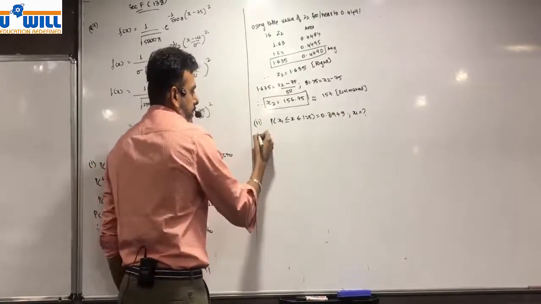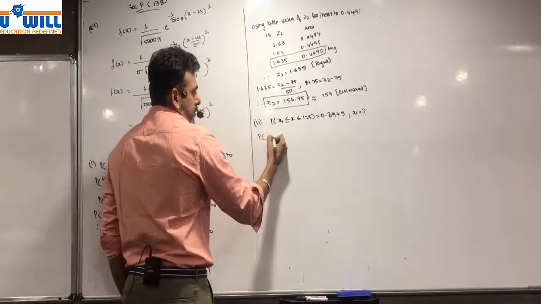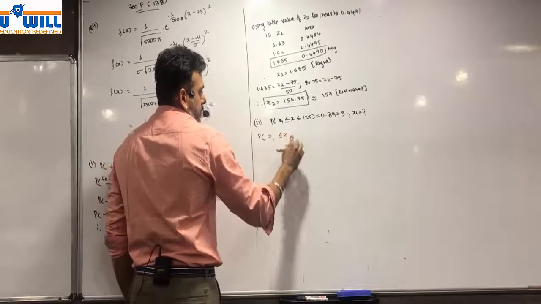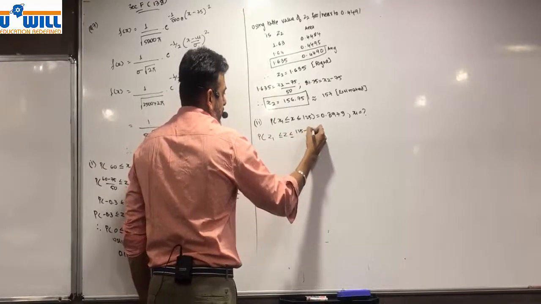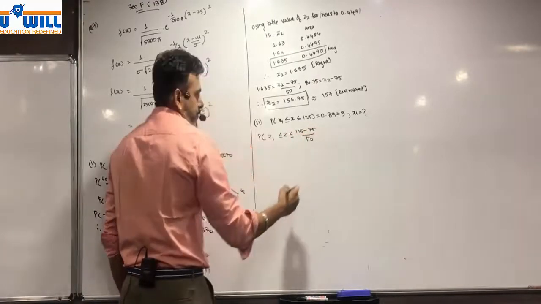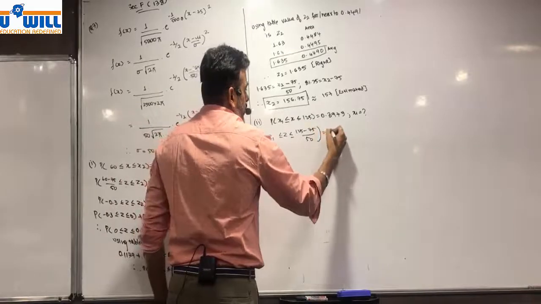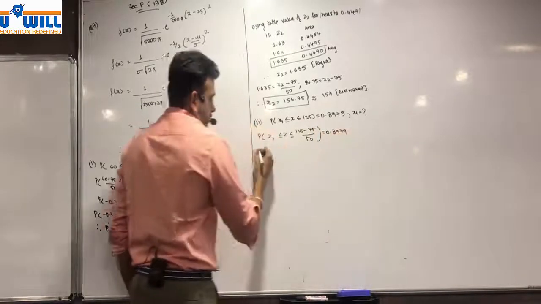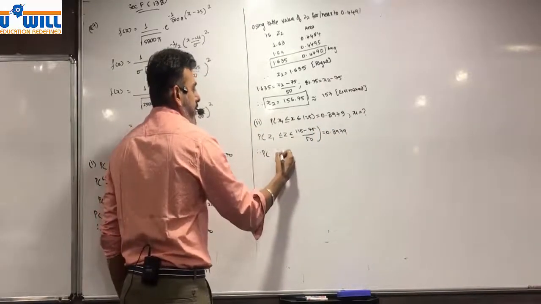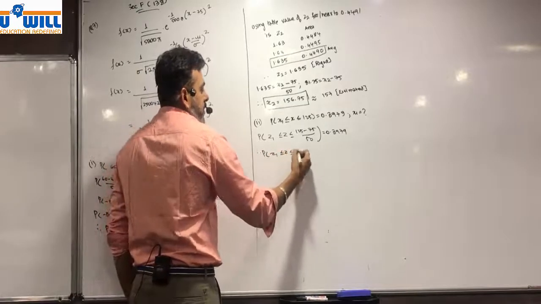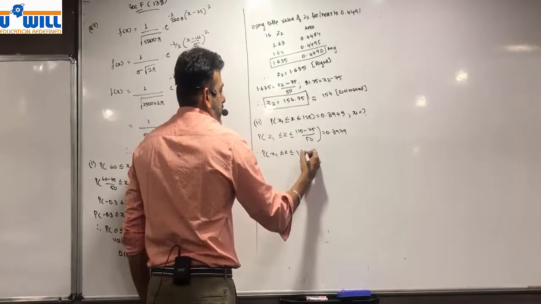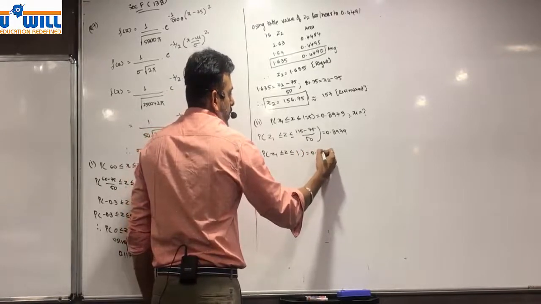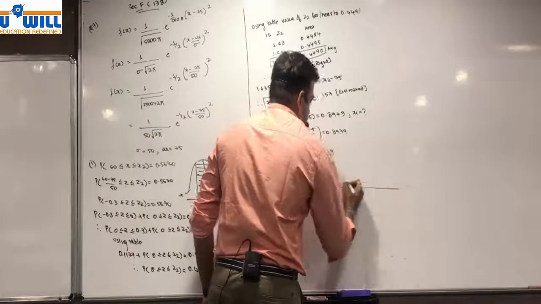So we converted probability of Z greater than equal to Z1 less than equal to 125 minus 75 by 50 is equal to 0.3979. Therefore, probability of Z greater than equal to Z1 less than equal to 1 is equal to 0.3979.